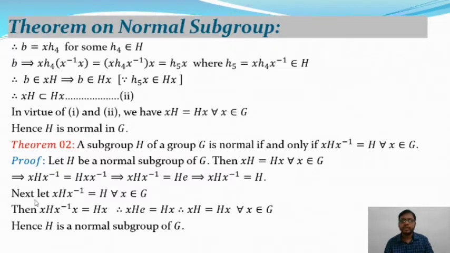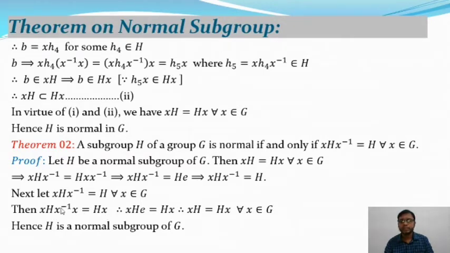Now let xHx inverse be equal to H for all x belongs to G. Then from this we will prove that H is a normal subgroup of G, that means Hx is equal to xH. So the above equation, xHx inverse is equal to H. Then operating x on the right of the above equation, we get xHx inverse x is equal to Hx.